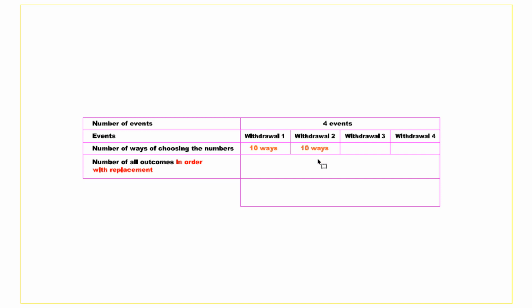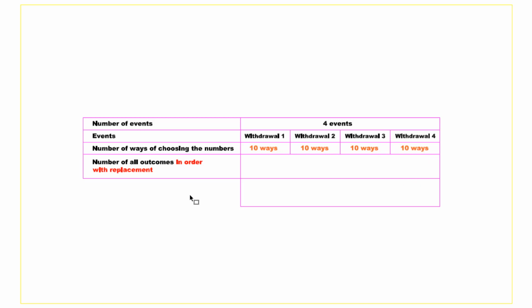The reason is that every 10 balls are put separately in each urn. So each urn will have again 10 balls to withdraw from, or 10 ways to withdraw that digit from. And for the withdrawal of the third digit, we have also 10 ways, and so for the withdrawal of the fourth digit, we have also 10 ways.